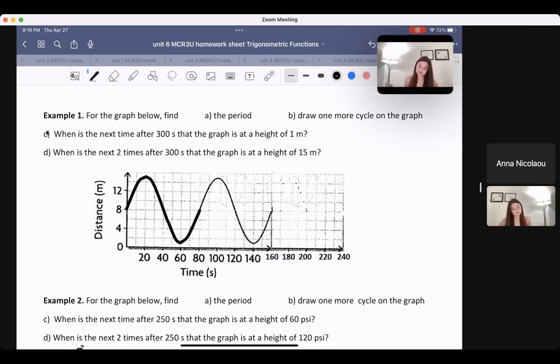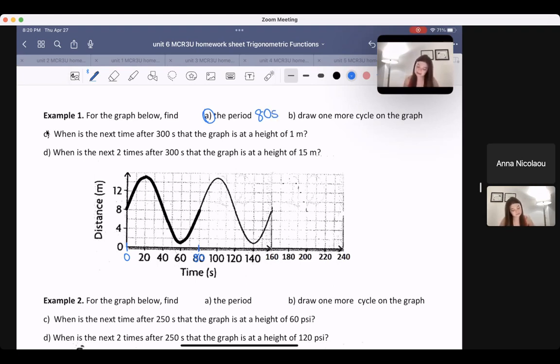So let's start with one step at a time. The period we actually already answered previously. We said that it starts at 0 and that the first cycle ends at 80. So the graph repeats itself every 80 seconds, which means the period length is 80 seconds. So my answer is 80 seconds for that reason.